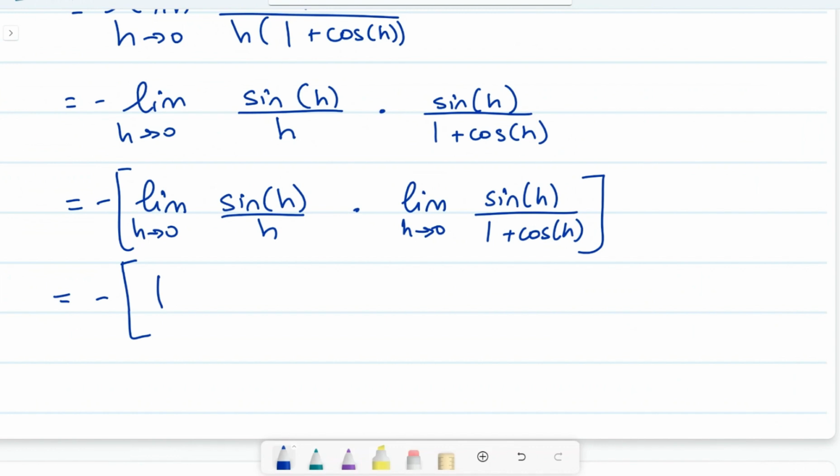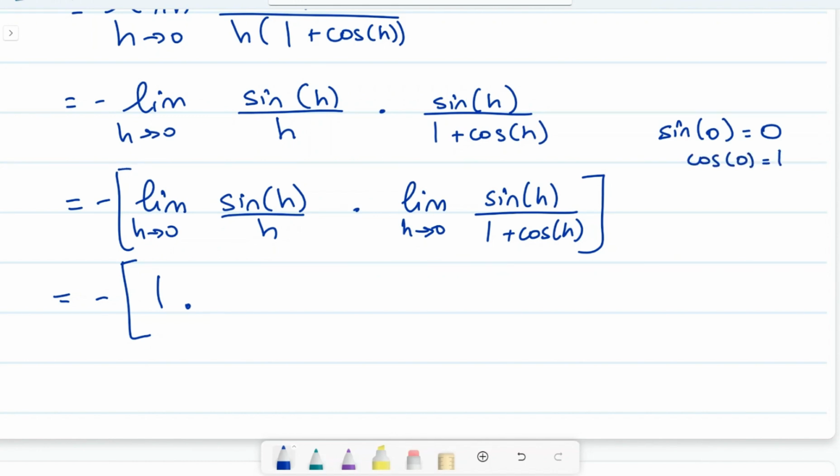Now let's look at the second limit, which is the limit of sine h divided by 1 plus cos h as h approaches 0. Let's plug in 0 and see what happens. Sine of 0 equals 0, and cos of 0 equals 1.